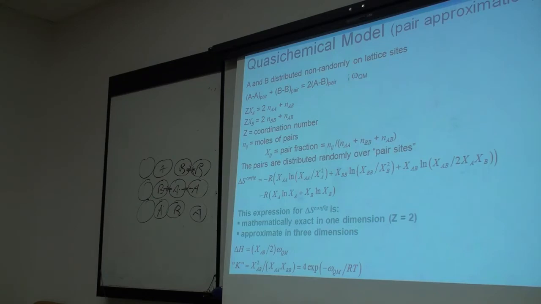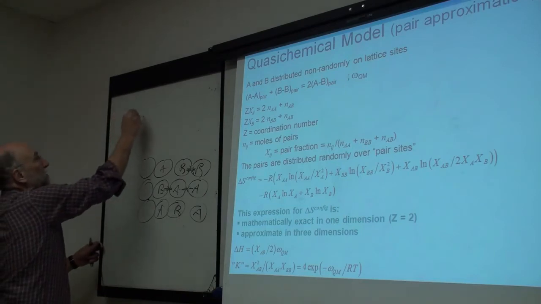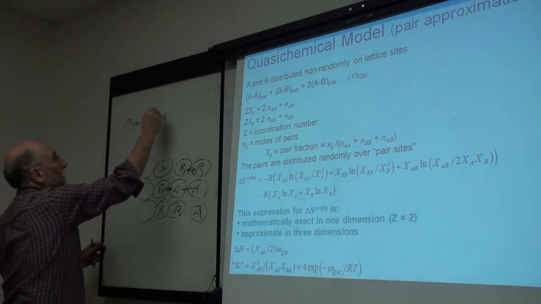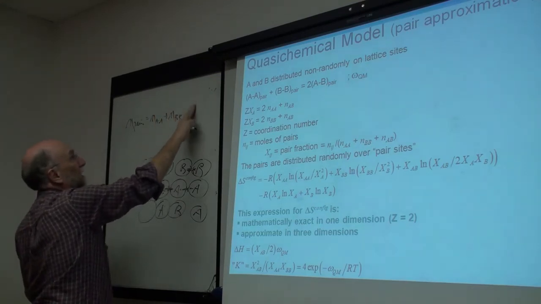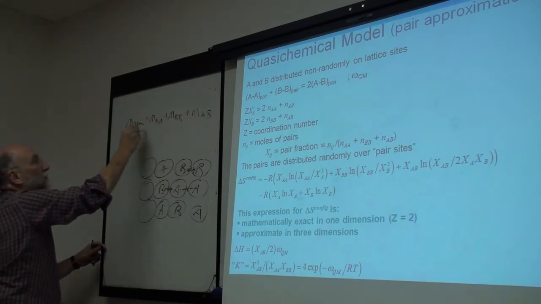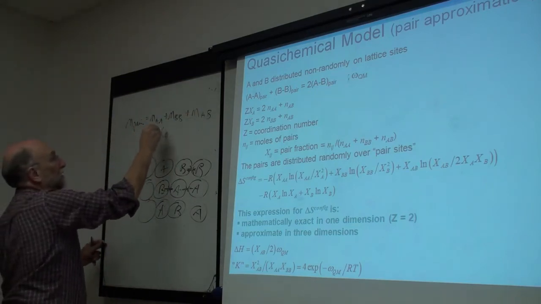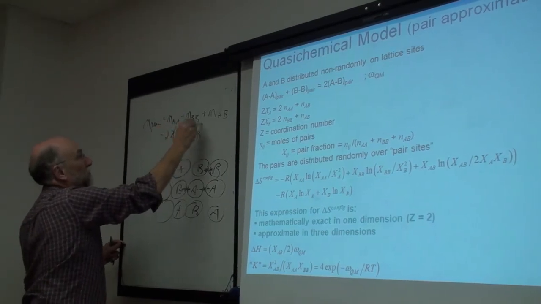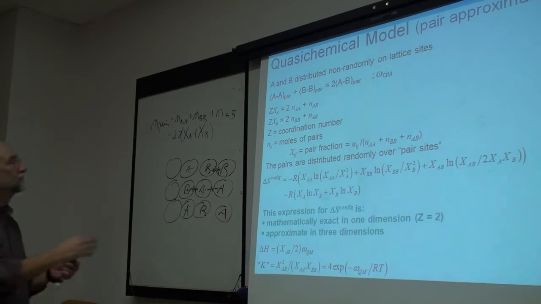If you want to prove it, you have to have the factor of 2 here. Let's calculate the total number of pairs. The number of pairs would be NAA plus NBB plus NAB.